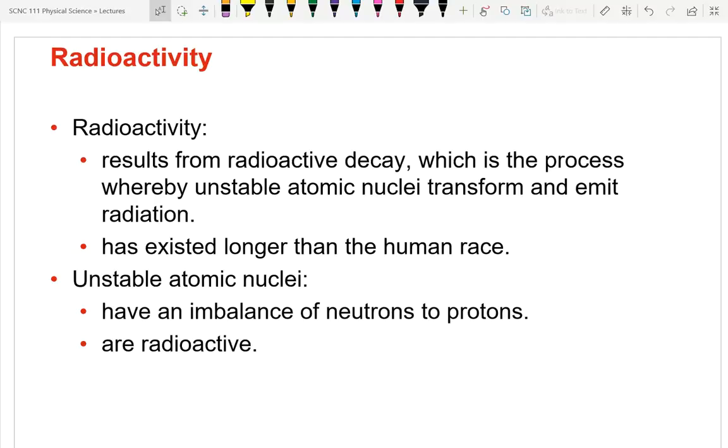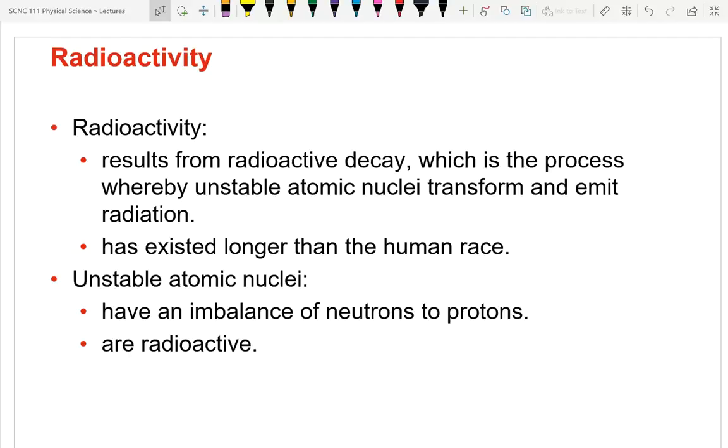So radioactivity did exist longer than the human race, and depending on your worldview, that could be for an additional 5 days, or it could have been for whatever the period was from when God created the heavens and earth to when God created the light, or created light on the first day of creation. Or if you don't believe in creation at all, then, well, from the time when the Big Bang occurred until the time when life first formed.